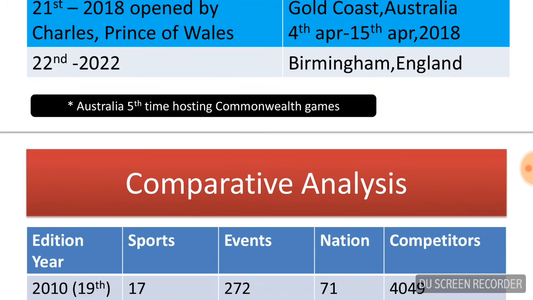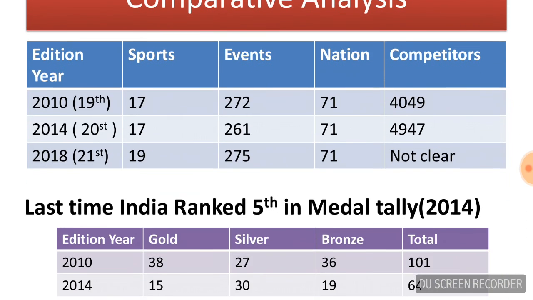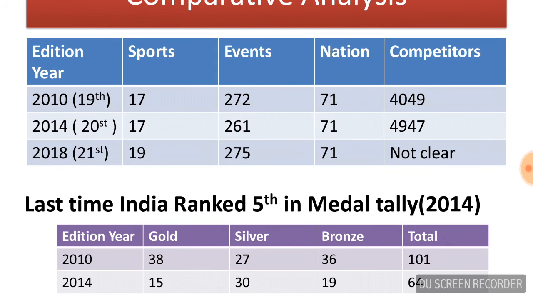Now let us see the comparative analysis. Here I took 3 years. In 2010, the number of sports was 17, events were 272, nations were 71, from the 53 member states, and competitors were 4049.